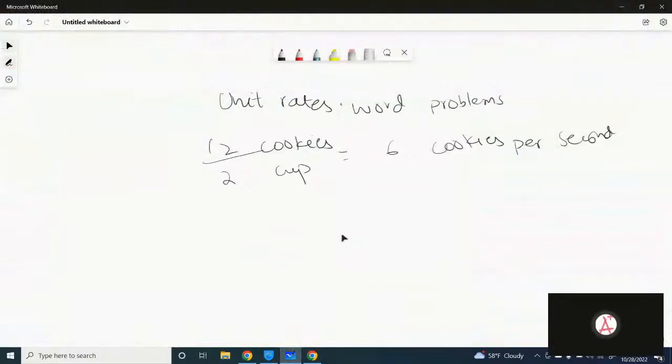Okay, the example is with 2 scoops of flour. Now you have 2 scoops of the flour. With 3 scoops of the flour, you have a missing number divided by 3, and that equals 12 divided by 2. Got it? You have to find the missing number. So how can you find the cookies?